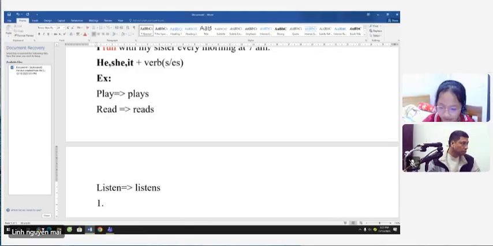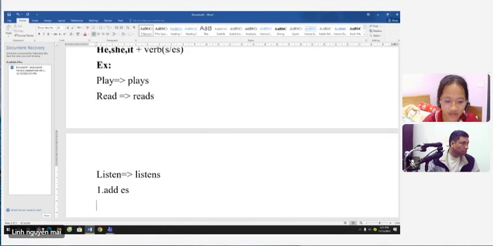The verb that. So we put es when the verb is ending by some letters here.